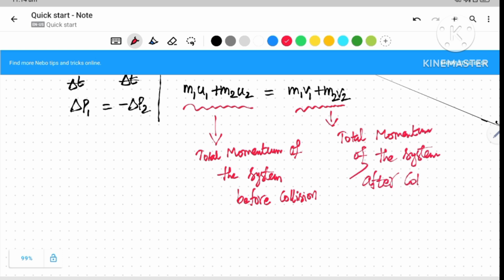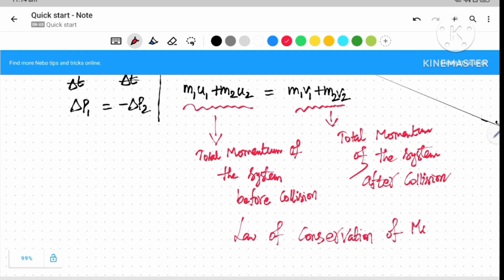So the total momentum of the system before collision is equal to the total momentum of the system after collision. This is called the law of conservation of momentum.